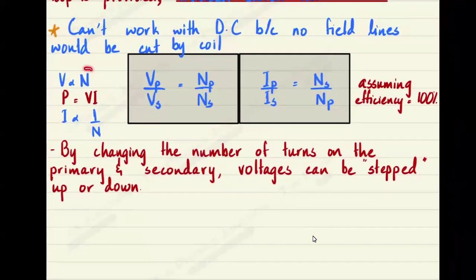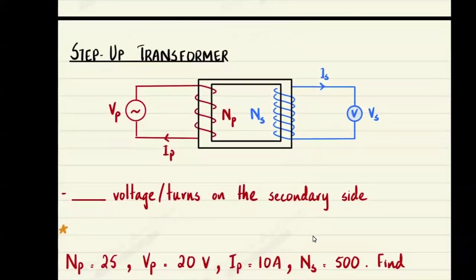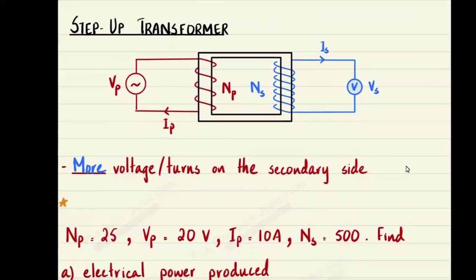Because of this relationship, if we want the voltage at the secondary to be greater, then naturally the number of turns on the secondary also has to be more. And if you have more voltage and turns on the secondary side, this would mean less current on the secondary side because of the inverse proportion.